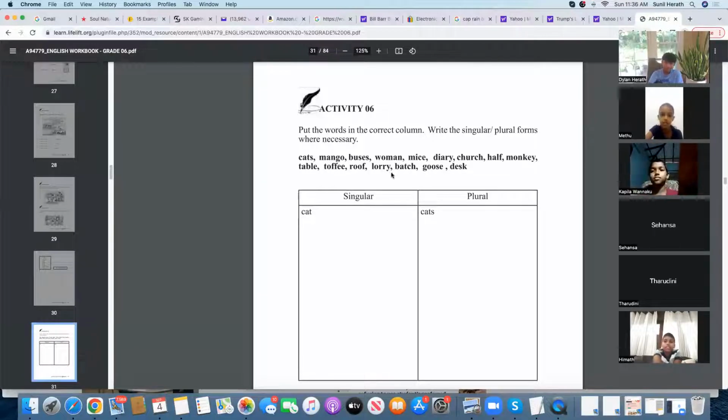Anyways, the next word, batch, is that singular or plural? Singular. Yes, singular. But what would you have to add to make it plural? Batches. Sorry, say it again.